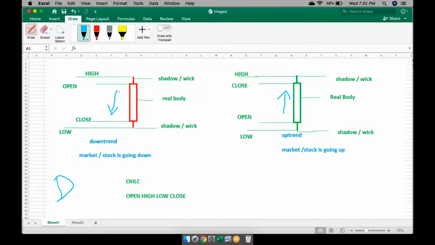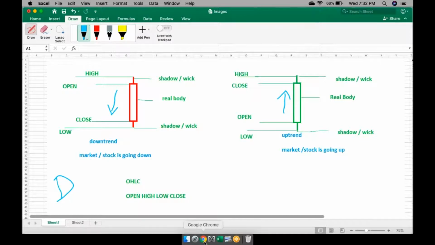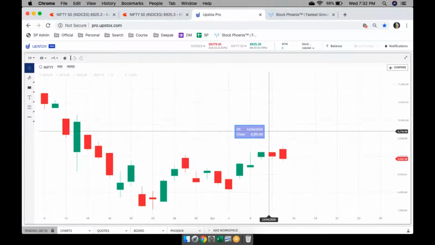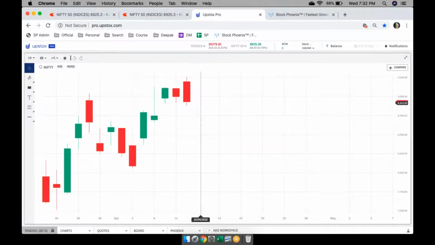Are we clear? When you see a daily chart, that particular day's candle, if it is red, that particular day we are not supposed to go and buy. Are we clear? Can I get one line of confirmation? So on this particular day you can see Nifty at this place.